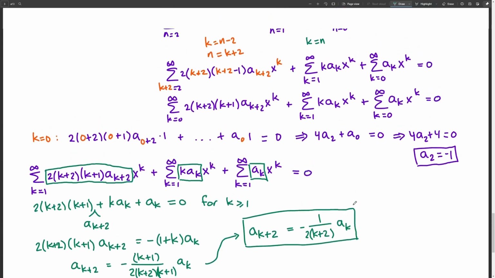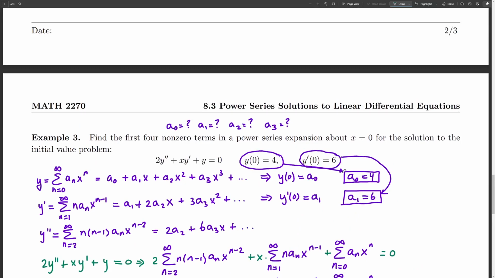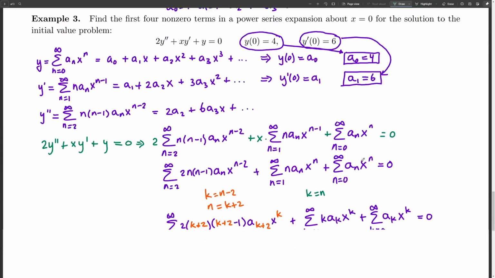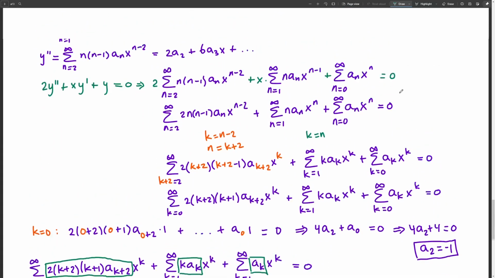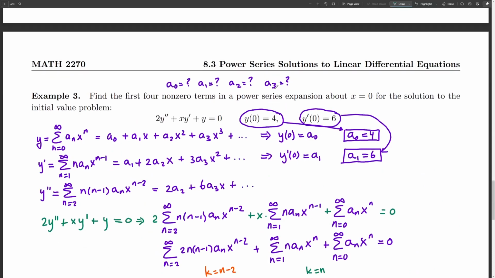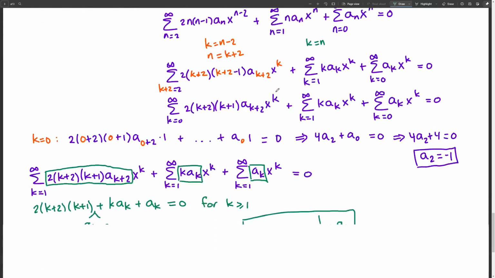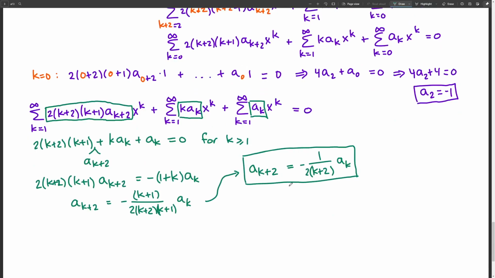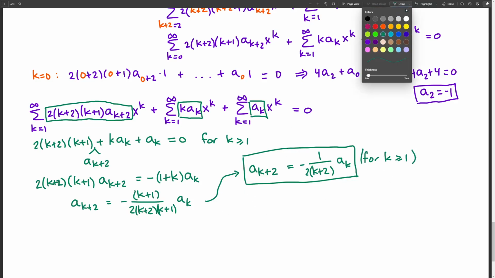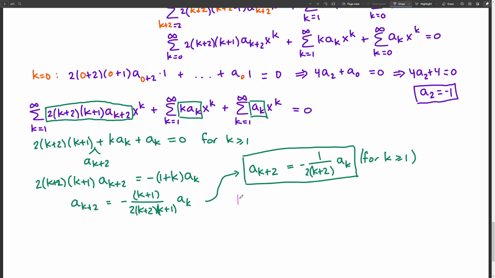Now, at this point, we're almost there. We already have 3 non-zero coefficients. So if a3 is non-zero, we're done. So recall that this recursive relation holds for k greater than or equal to 1. So let's plug in k equals 1.